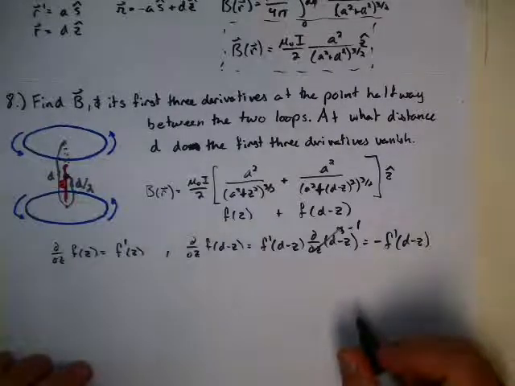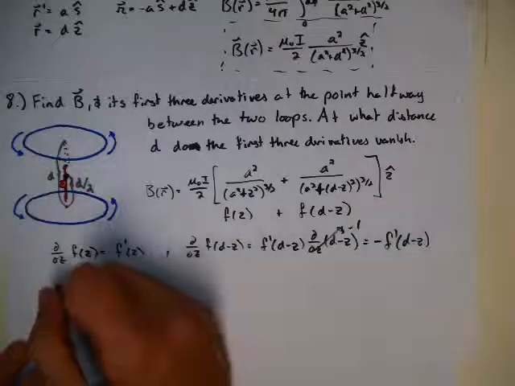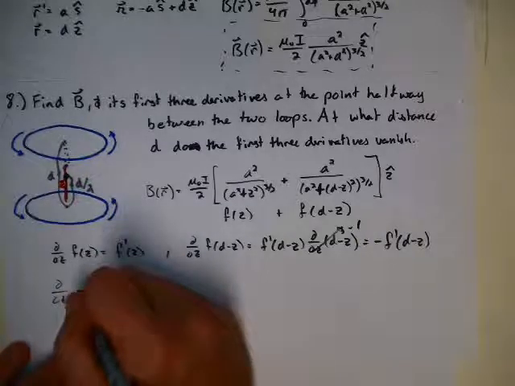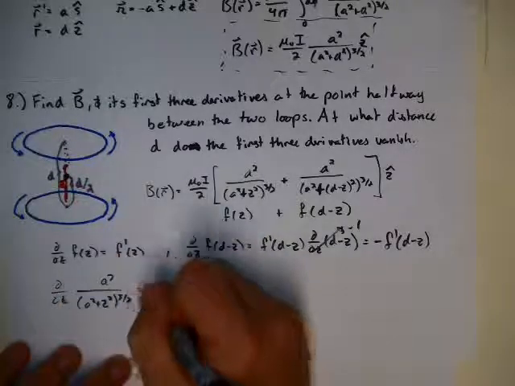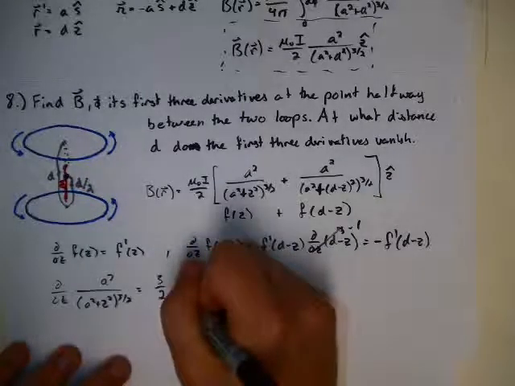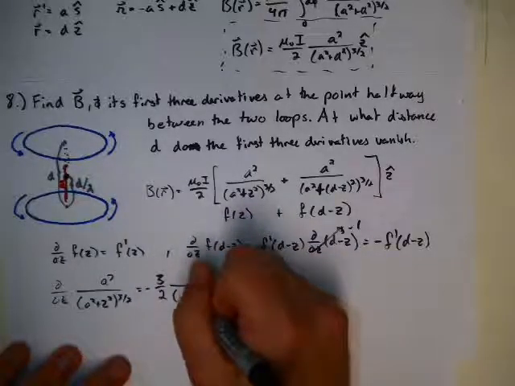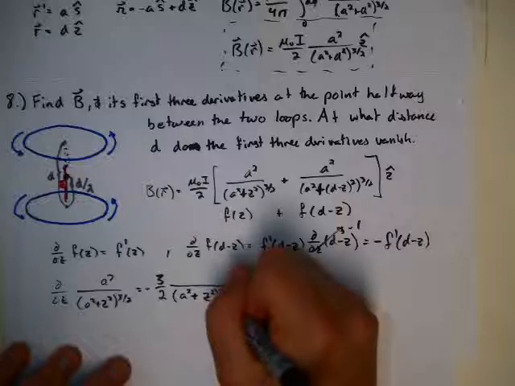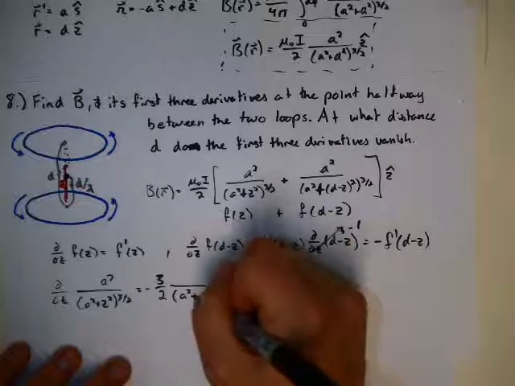And so, doing this, let's go ahead and write down what the first derivative is. So partial over partial z of a squared over a squared plus z squared to the 3/2 power is going to be equal to, well, first we have this 3/2 power, so it'll come out front, minus 3/2, because it's in the denominator. The thing in the denominator gets lowered by 1, and so this will be a squared plus z squared to the 5/2, and we're going to get a 2, the derivative of what's inside.